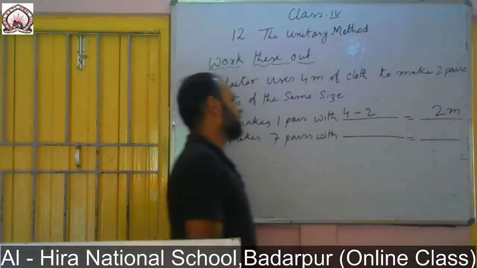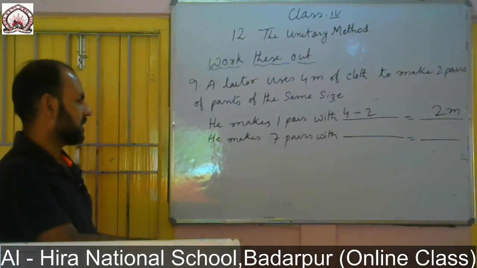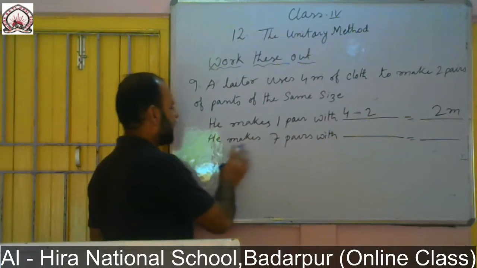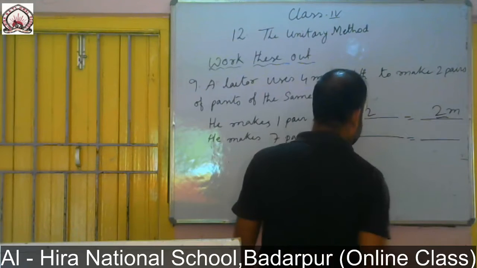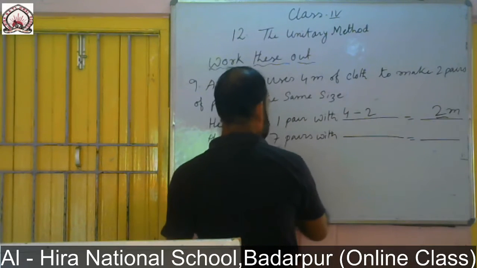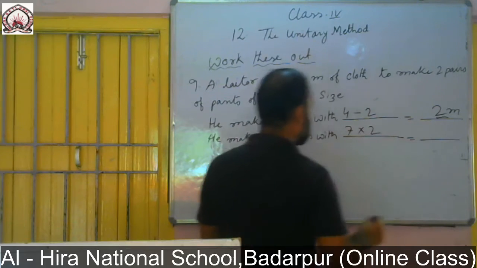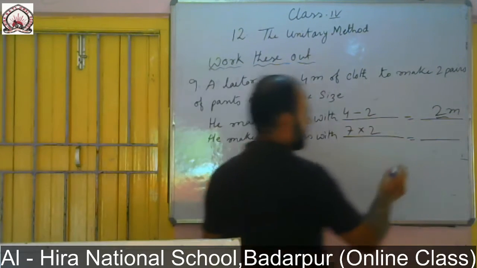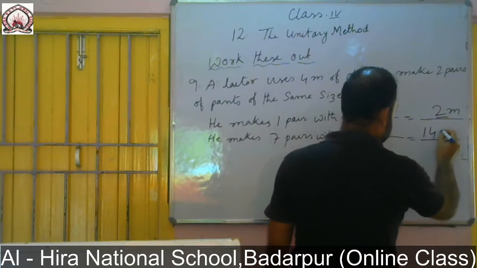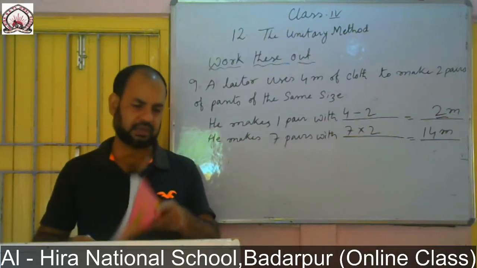For 1 pair of pants he uses 2 meter. Now, he makes 7 pairs with 1 pair equal to 2 meter. So, 7 pairs equal 7 into 2. 7 twos are 14 meter.